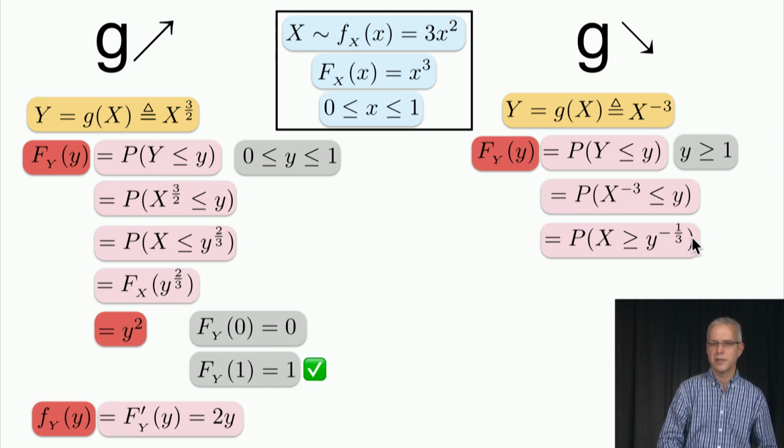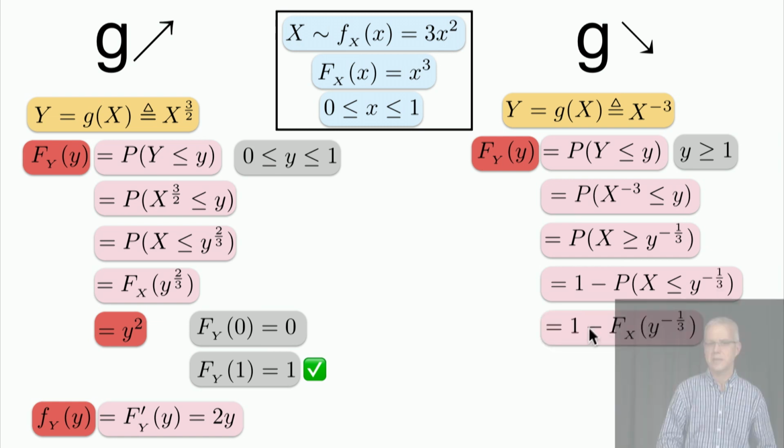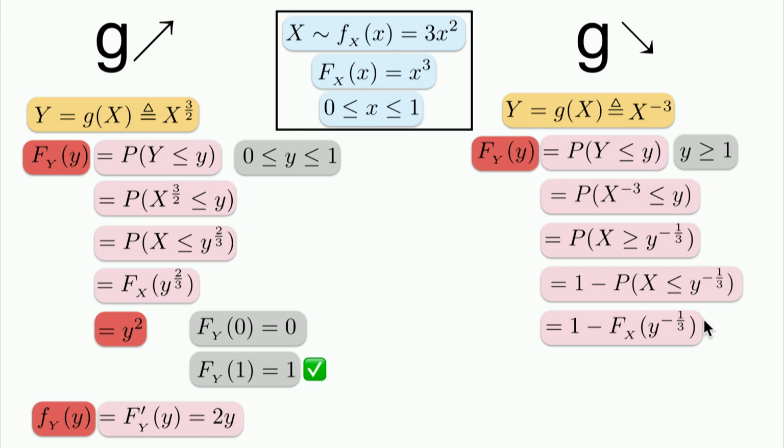And the probability that X is bigger than y to the -1/3 we want to relate to the CDF of X. So we write it as 1 minus the probability that X is less than or equal to y to the -1/3. And that's 1 minus the CDF of X at y to the -1/3.